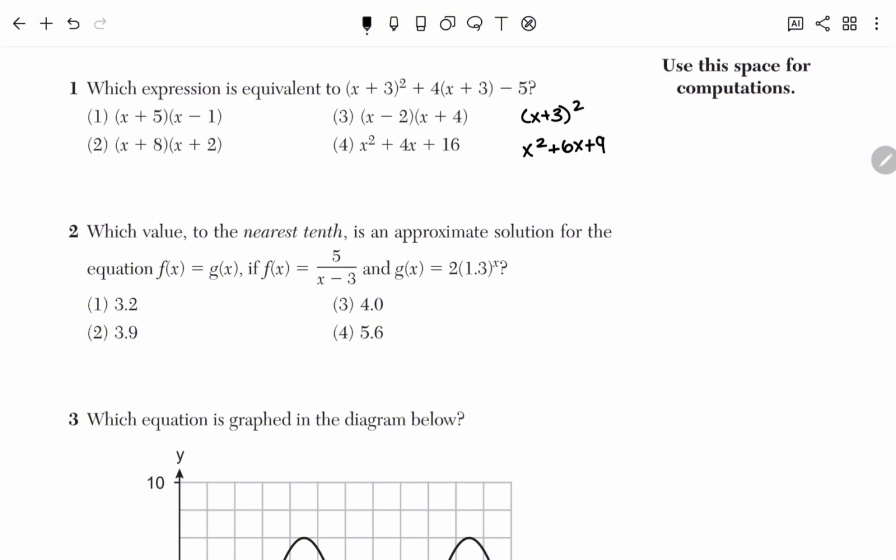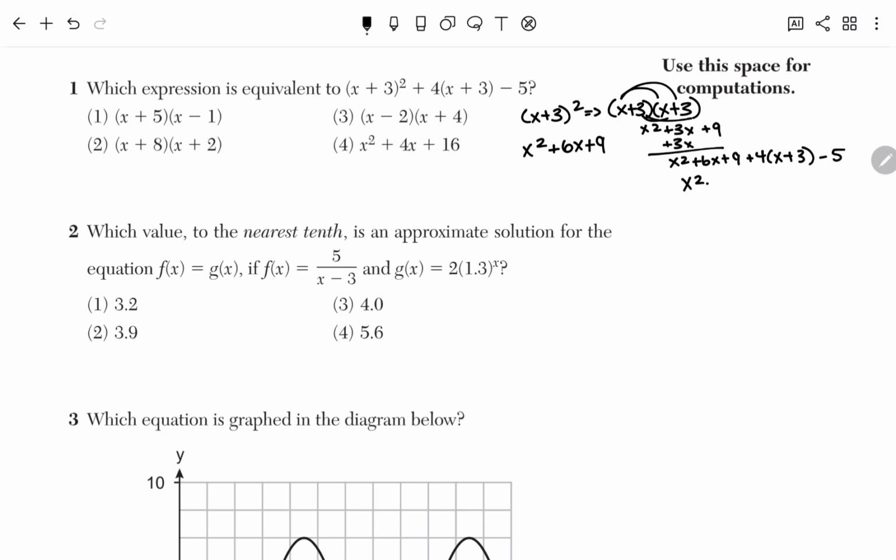And you want to double check that, right? Because it seems like a new strategy. So if we do x plus 3, and if we FOIL, this is x squared, this is 3x, this is 3x, and this is 9. We end up getting x squared plus 6x plus 9. So that's the first part. Then we're going to add 4 times x plus 3 minus 5.